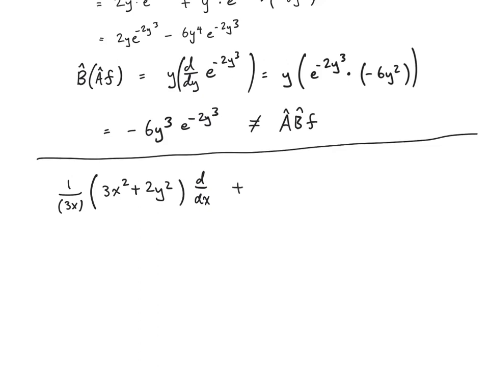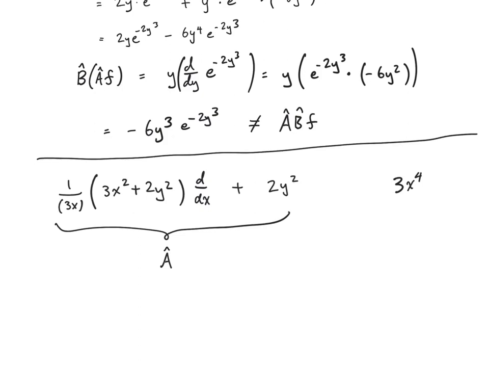And all of this is going to be plus 2y squared. All right, so that's going to be our operator. So we can call this a hat. And then our function, let's choose a fairly simple one just so that we don't get too carried away.